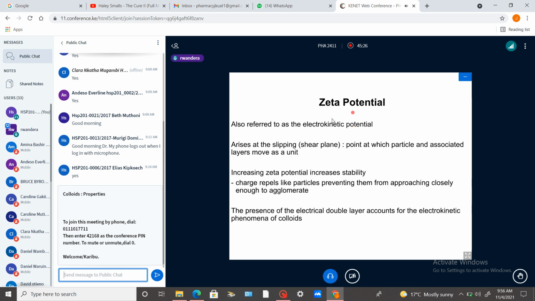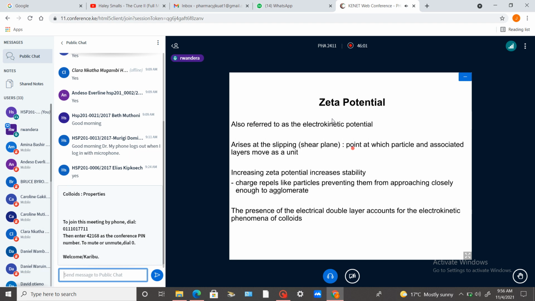So the zeta potential arising at the slipping plane is also what we refer to as the electrokinetic potential, and is what is responsible for the electrical properties of colloidal dispersions. So it arises at the slipping plane, the point at which the particle and associated layer move as a unit. Now it's important to note that when you increase the zeta potential, you tend to achieve what we call colloidal stability. This we will cover in our next lecture.